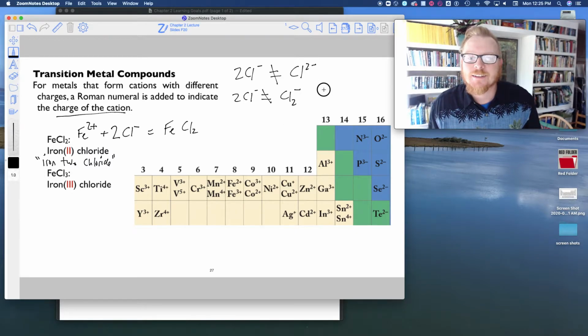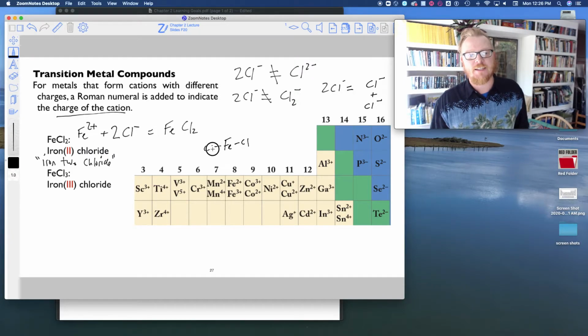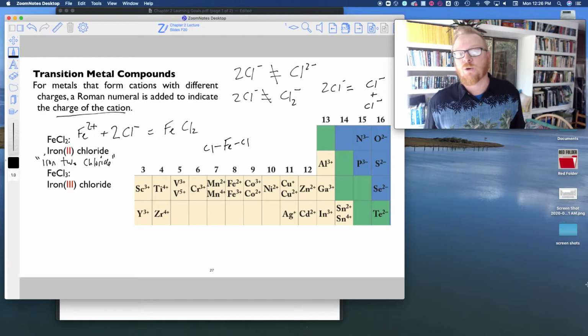But 2 Cl minuses definitely equals this. 1 Cl minus and another Cl minus. Respect the subscript, okay? And so when I have this 2 down here, what it actually means is I've got an FeCl and an FeCl, right? I've got 2 chlorines bonded to this iron.